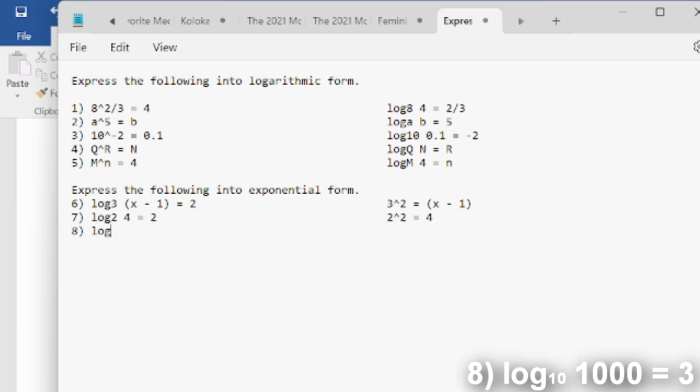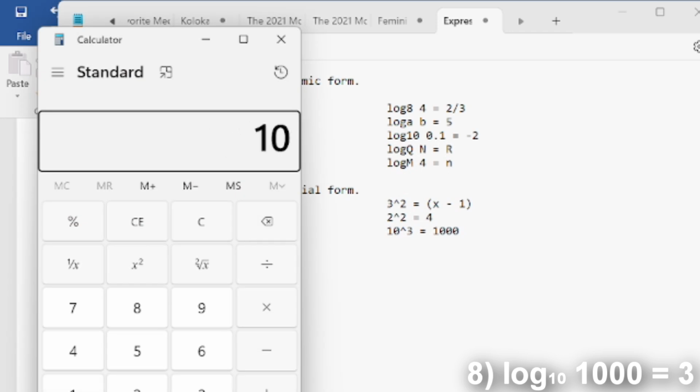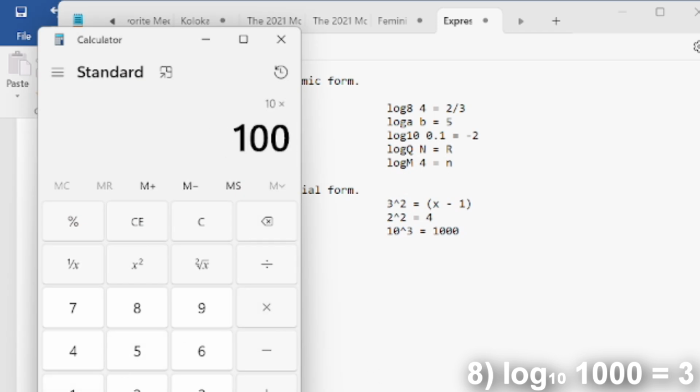Number 8: log 10 of 1000 equals 3. 10 cubed is 1000. Let's make sure I'm doing it right. 10 times 10, times 10.